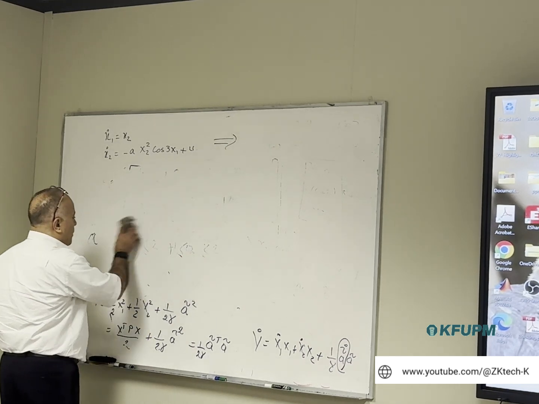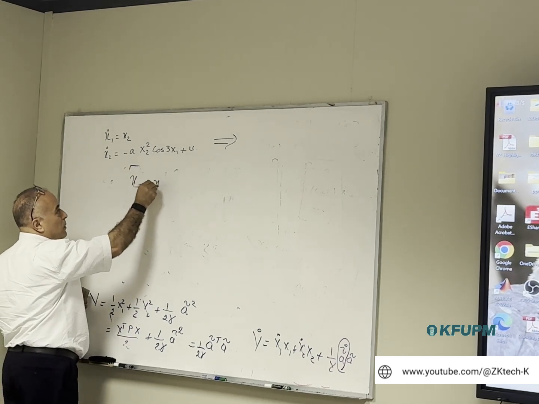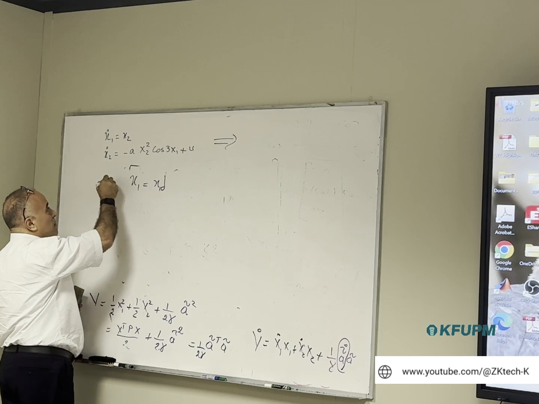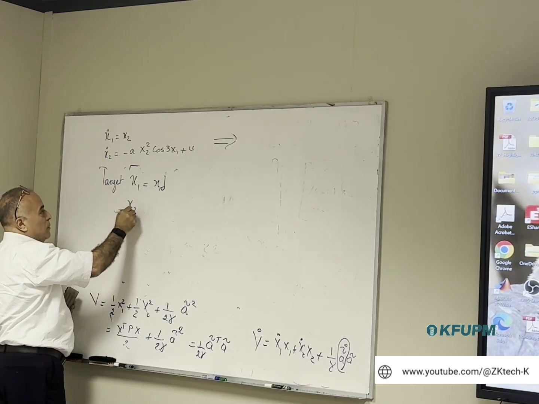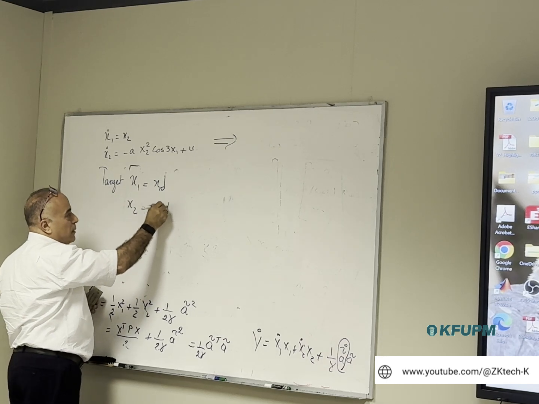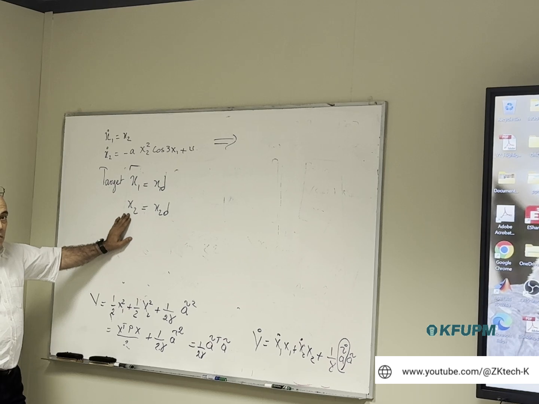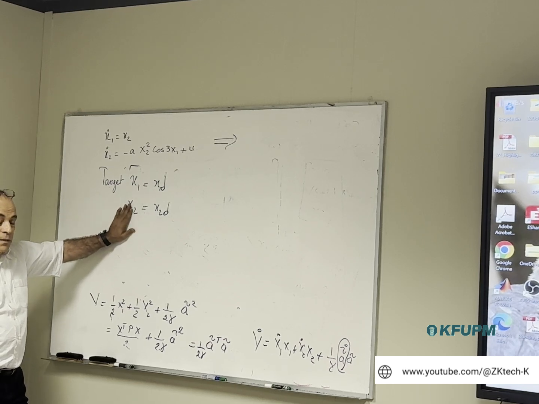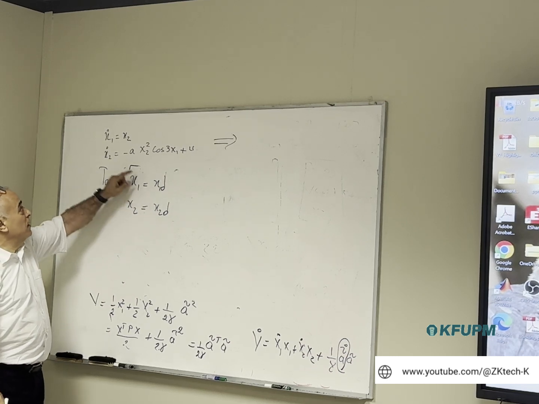For example, I can say x1 should be equal to x1 desired. So this is my target. And x2 should be equal to x2 desired. The first thing I need to pay attention to when somebody gives me a requirement like this is that x2 desired satisfies this equation.